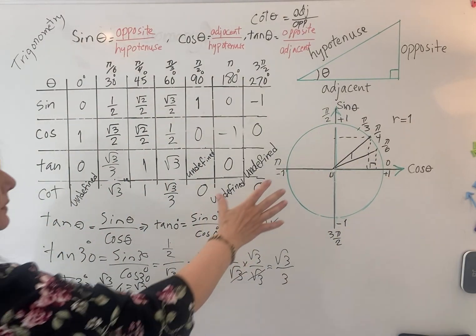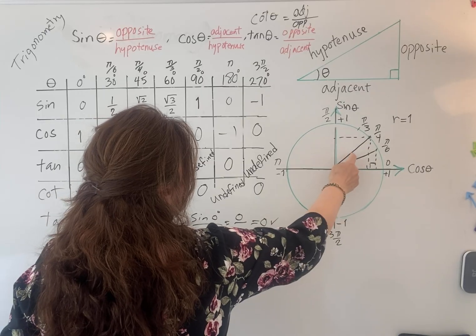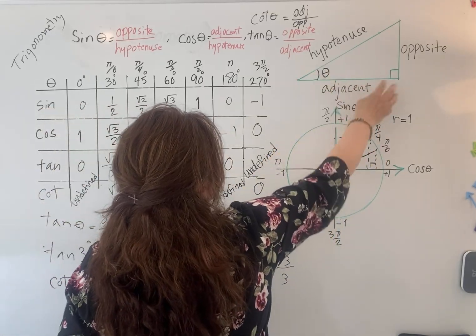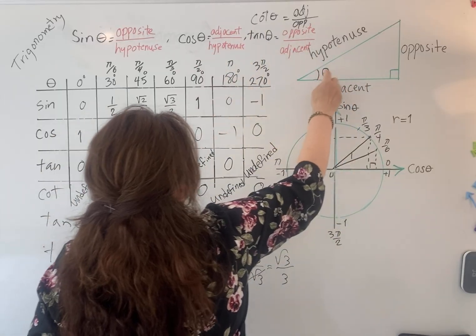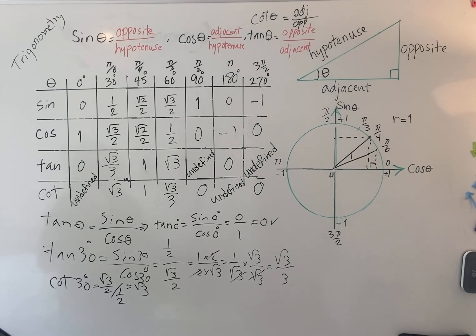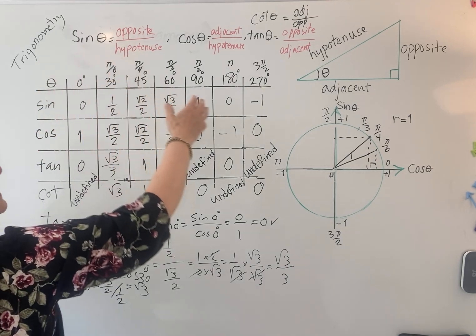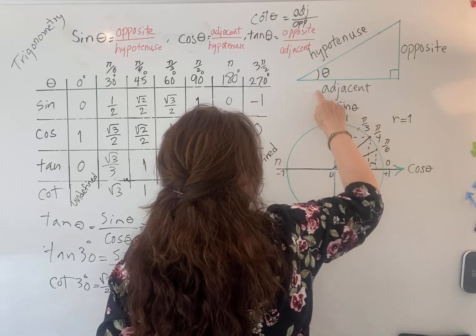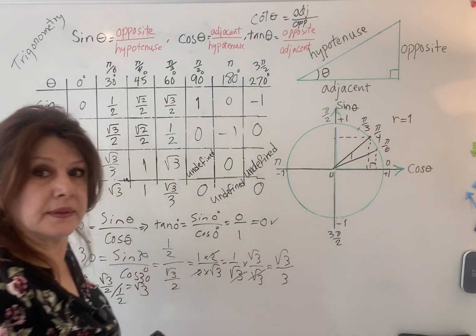This is the unit circle, a circle with 1 as a radius. And this is the ratio of the sides of a right triangle. And trigonometry is about the relationship between sides and angles.